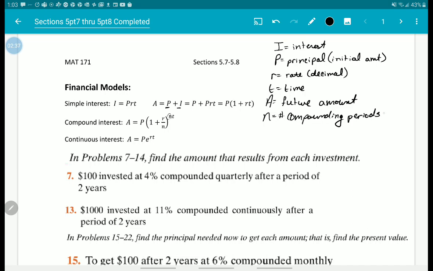That's going to be the number of compounding periods per year. So if we say quarterly, then N would be 4. If we say daily, N would be 365, and so on. And then when we talk about continuous interest, now we're talking about interest that's being compounded essentially every second of every day.